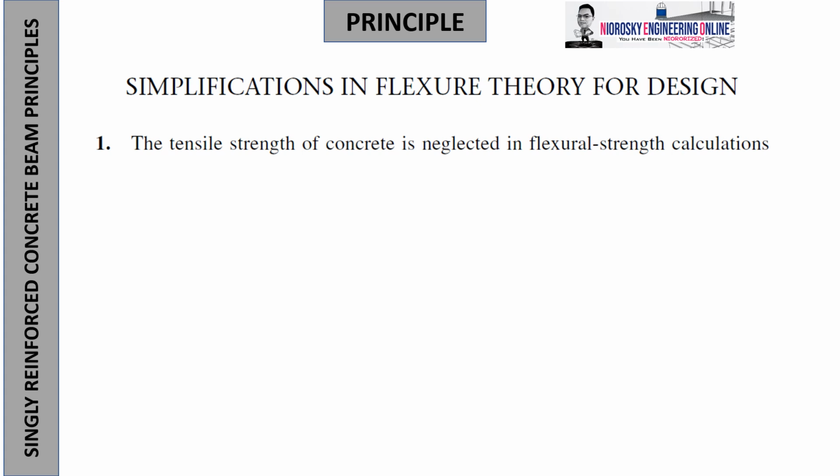So therefore, the tension side of the concrete is said to be negligible. It is due to the fact that there is already a crack residing on that region, which considers the loss of strength of the concrete under tension.